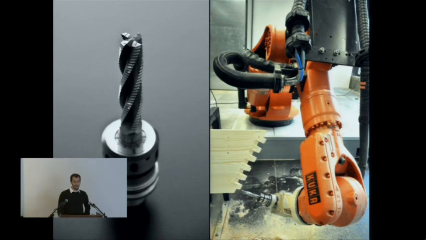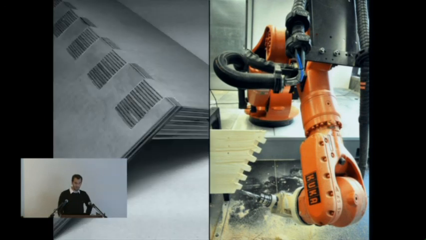So the system we developed is derived from two technological innovations. On the one hand, a special tool that was custom made by one of our industrial partners for this project, which allows for simultaneously cutting at the tip and the edge of the tool, and obviously the use of an industrial robot.